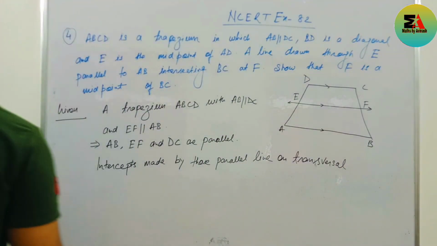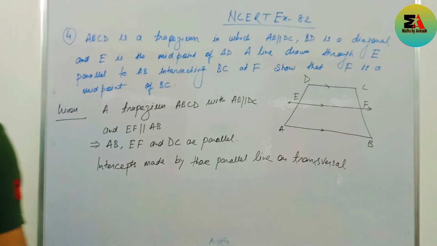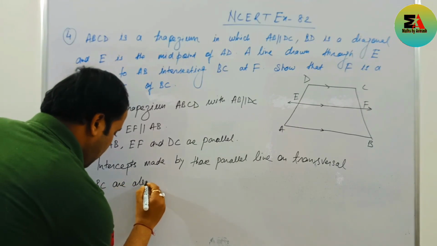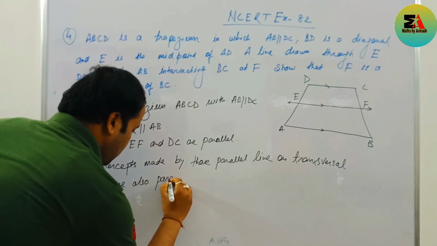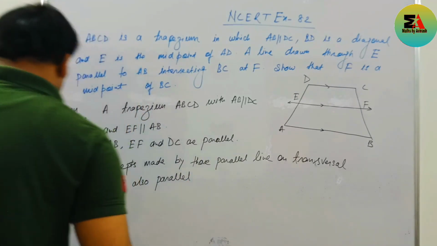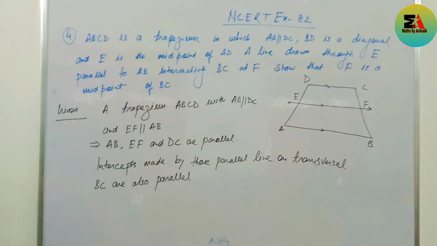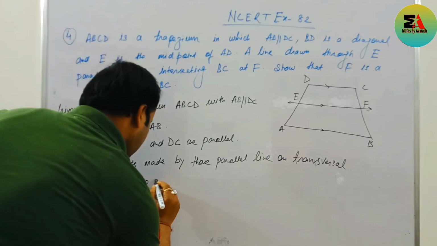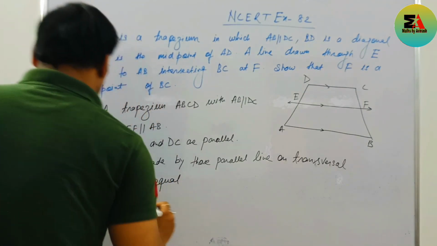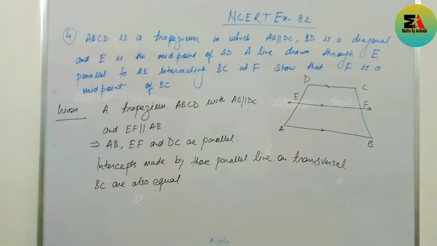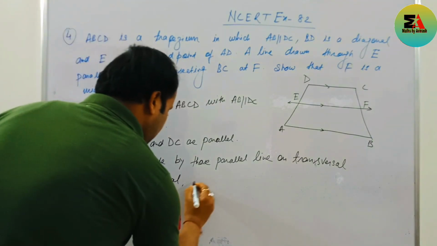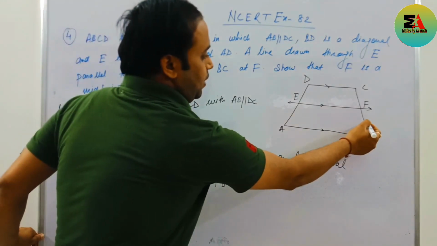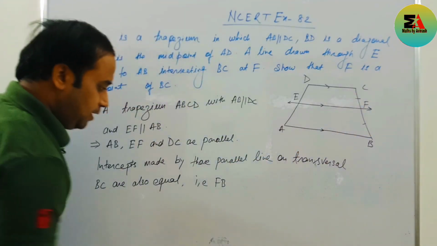The intercepts are equal, that is, FB is equal to FC.